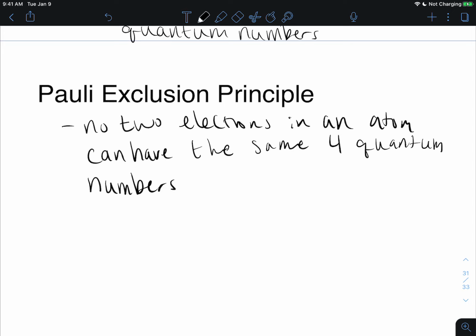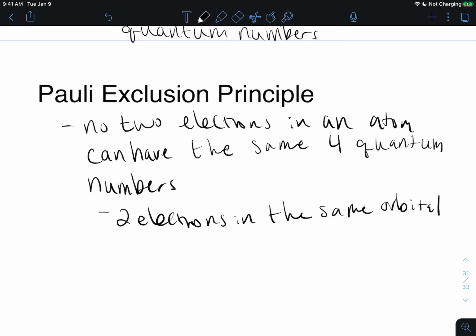So if we have 2 electrons in the same orbital, they're going to have two different m sub s values.